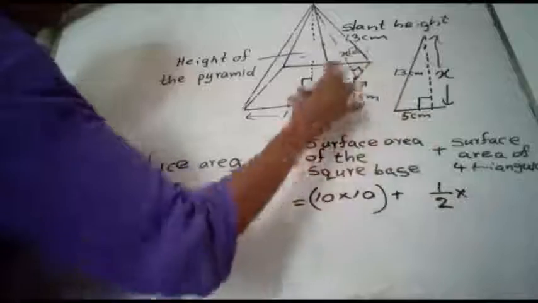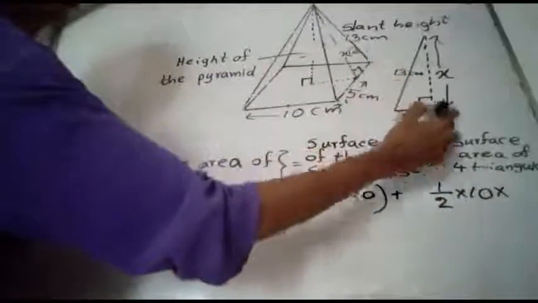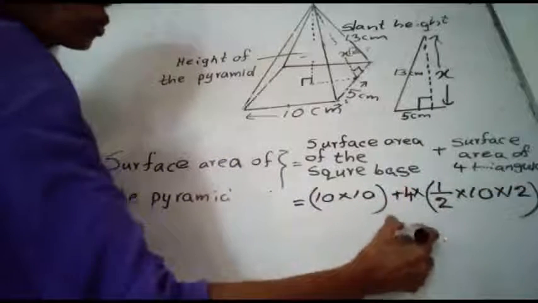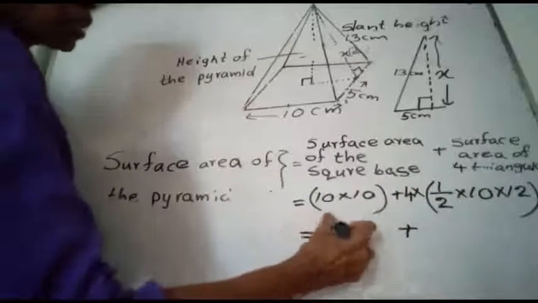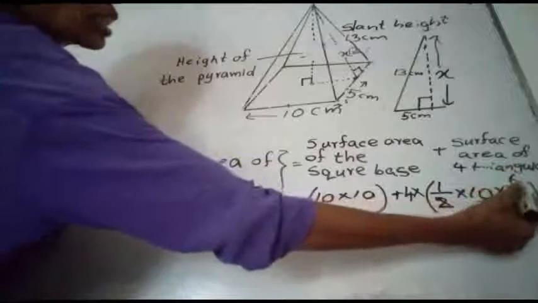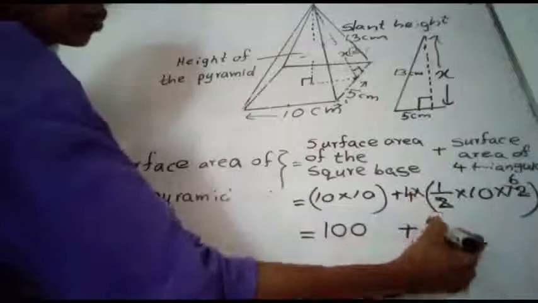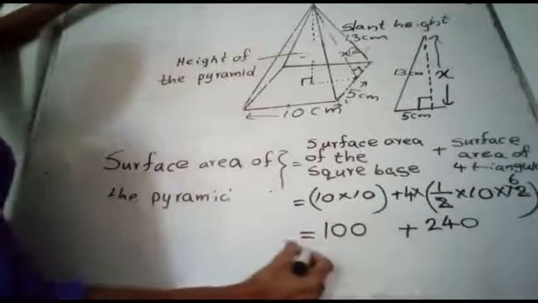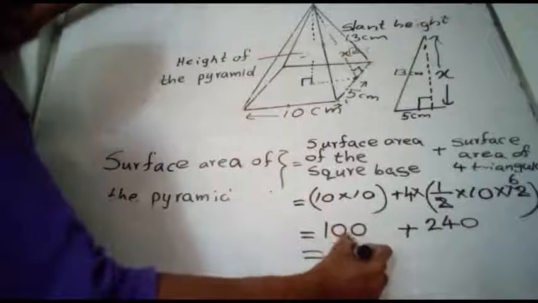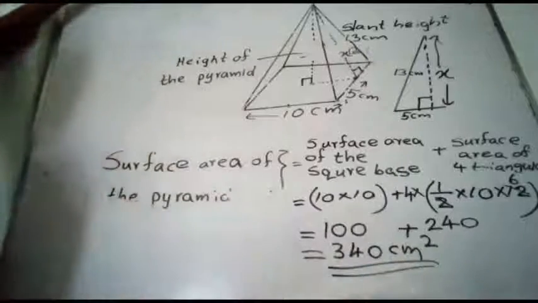Area of the triangular face is half times base 10 times perpendicular height 12, multiplied by 4. 10 times 10 is 100. Half of 12 is 6, 6 times 10 is 60. 60 multiplied by 4 is 240. 240 plus 100 is 340 square centimeters. That is the answer.